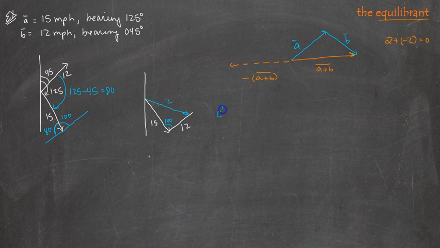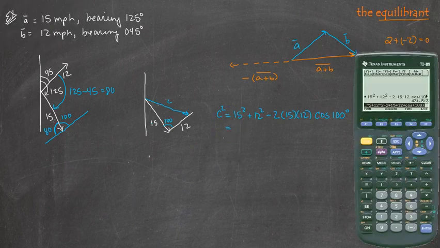So c squared equals the sum of the other two sides squared, so 15 squared plus 12 squared minus 2 times the product of the other two sides, 15 times 12, times the cosine of 100 degrees. I'm going to open up my calculator, and there's no sense in making you watch me punch buttons.